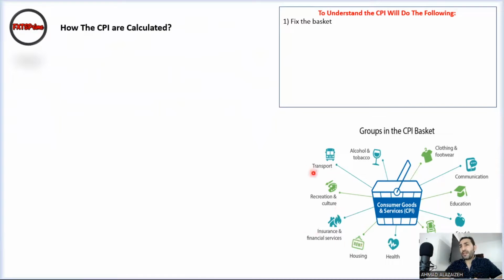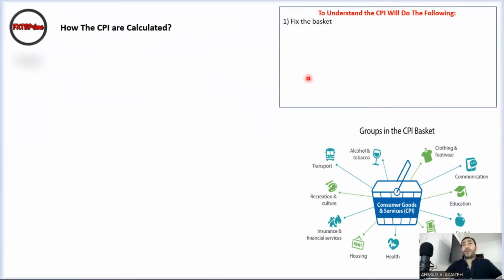For example, transportation, clothing, communication, education, food and beverage, housing, and so on. We collect these goods and services in one group, and we name that group a basket.